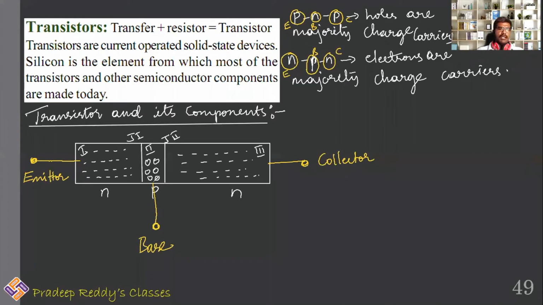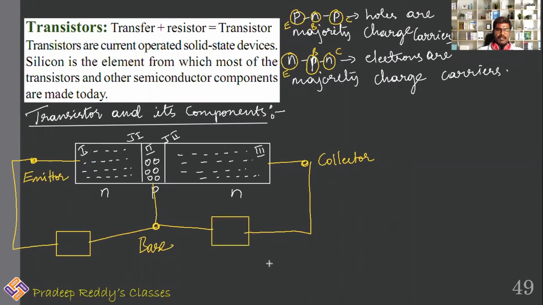Fine. Now see, between emitter and base we have two terminals, and here we have two terminals, collector and base, and you can connect these two parts with a battery and these two parts with a battery, right?